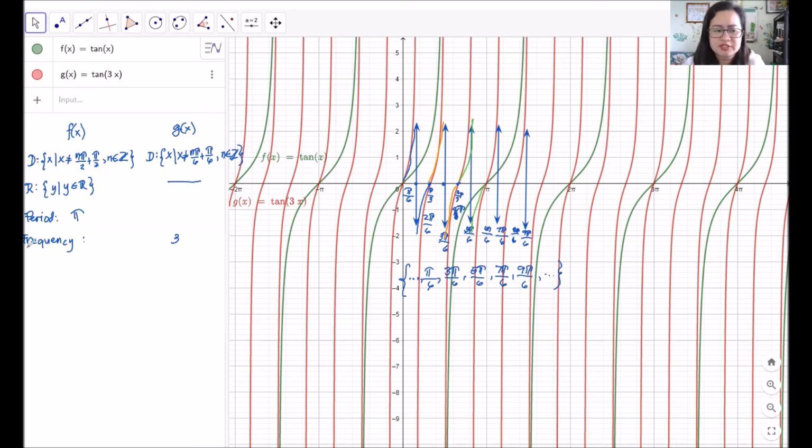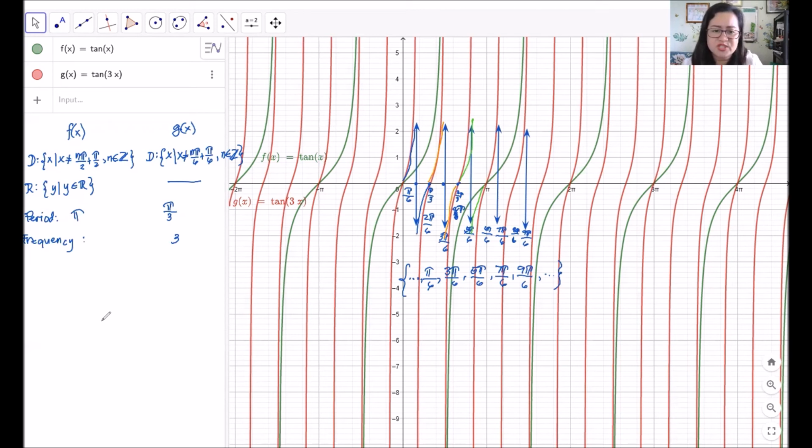So that is why we have frequency equal to 3. Now to get the period of g of x, we divide pi by 3. So the period of g of x equals tangent 3x is pi over 3.